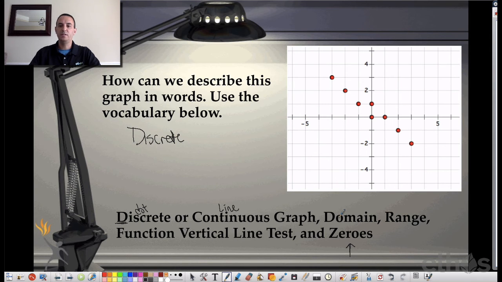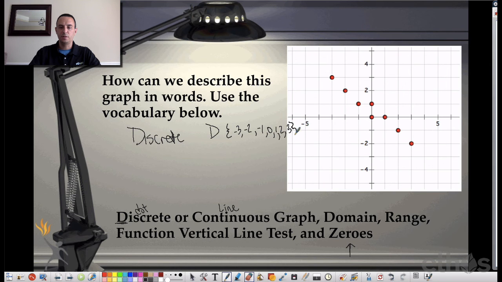Now we're going to look at domain. Domain is your x value. So you're going to say, okay, it starts at negative 3. So my domain is from negative 3 all the way up to, but if this was continuous, you'd say it that way. But since we're using a discrete graph, my domain is going to be negative 3, negative 2, negative 1, 0, 1, 2, and 3.